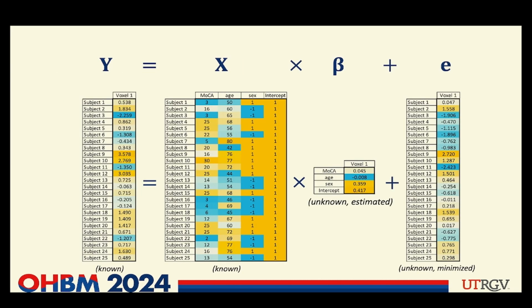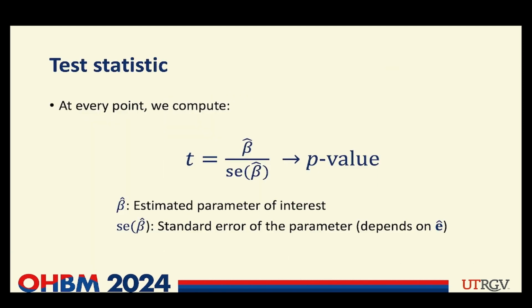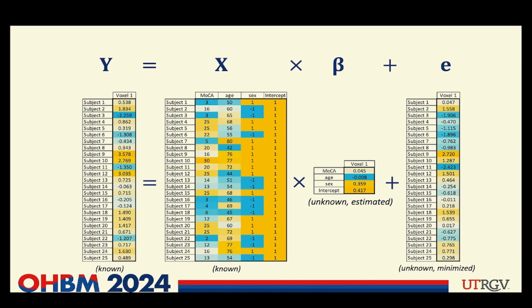Making this more concrete with numbers, we could have something like this. Let's say you have 25 subjects. In each of them, in a given voxel, you measured a couple of values. This could be cortical thickness, it could be cortical surface area, it could be fMRI BOLD signal, it could be anything.